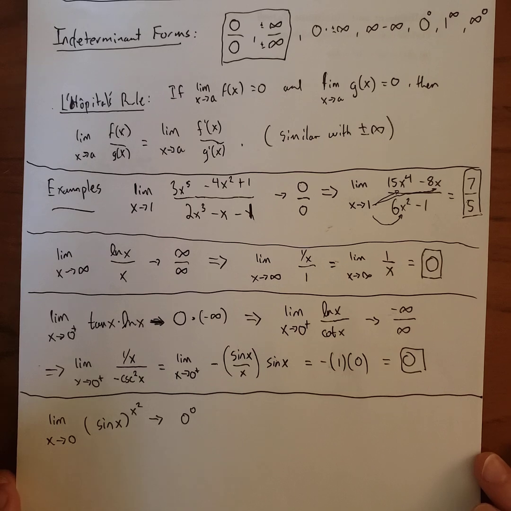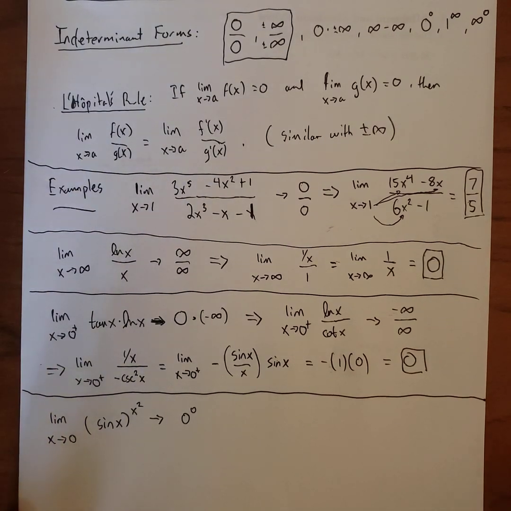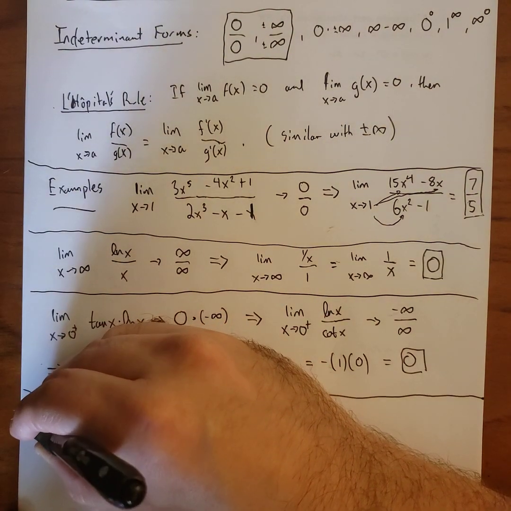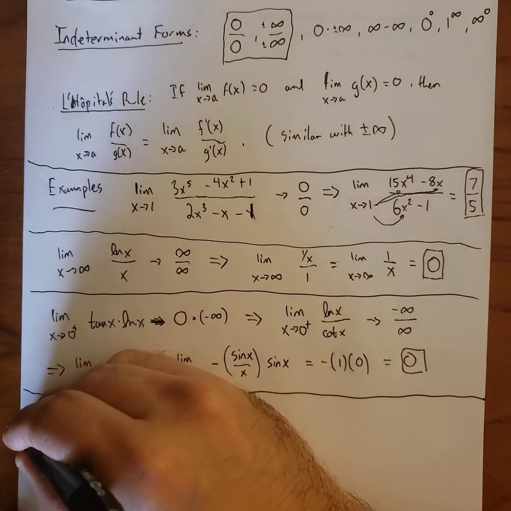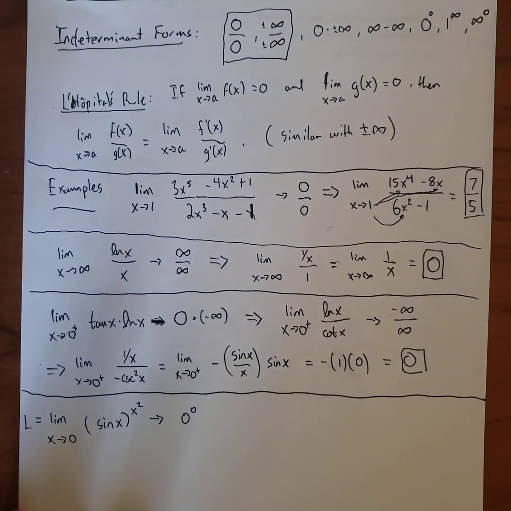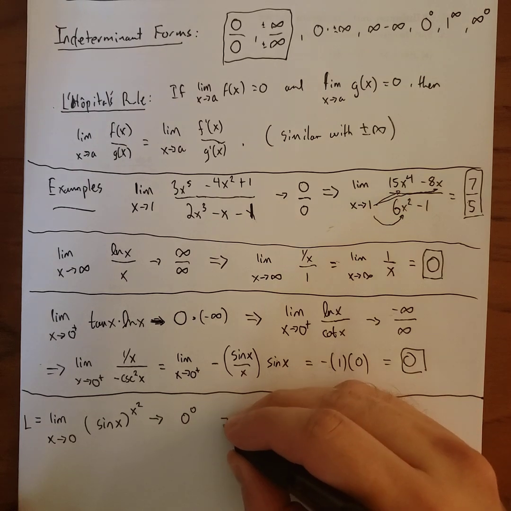So what do we do in this case? We want to use natural log to pull the exponent down. So if we call this L, eventually we're going to solve for L, we'll call the limit L, and then take natural log of both sides.